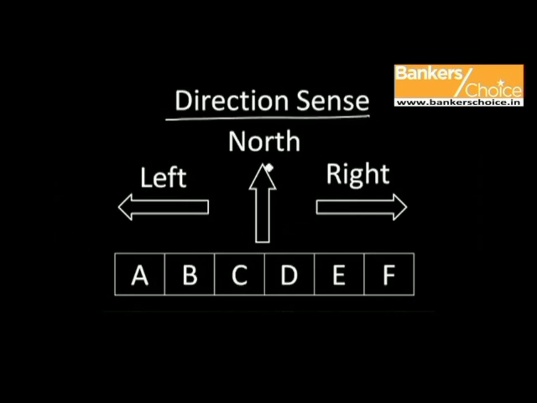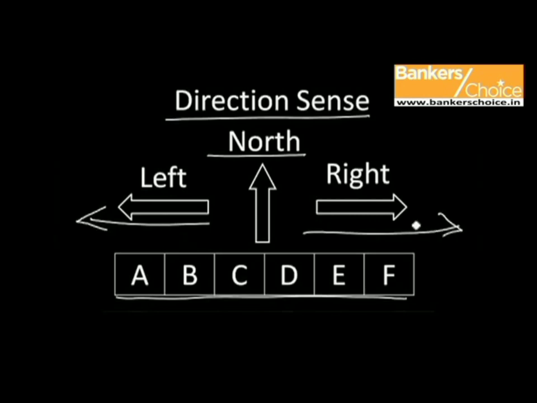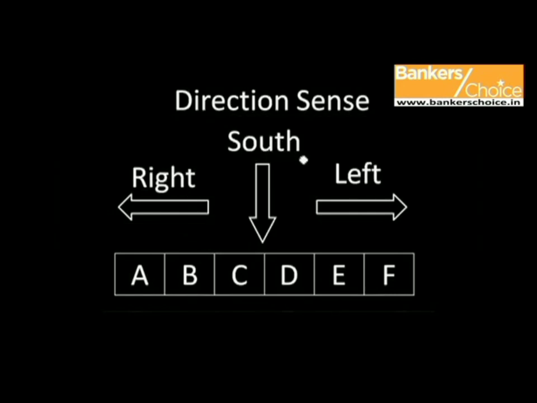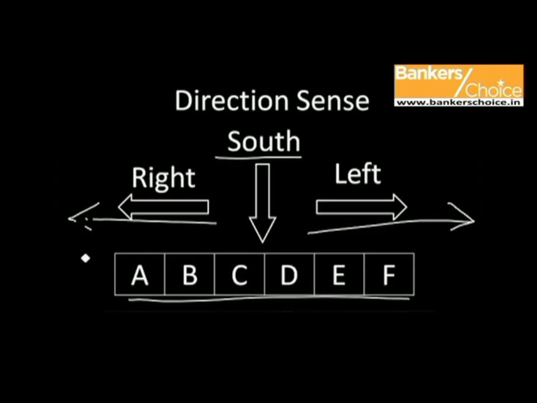Now in case of persons who are facing north, as shown, the left of a person is towards our left and the right of the person is towards our right. Similarly, in case of persons who are facing south, as shown here, the right of the person is towards our left and the left of the person is towards our right.